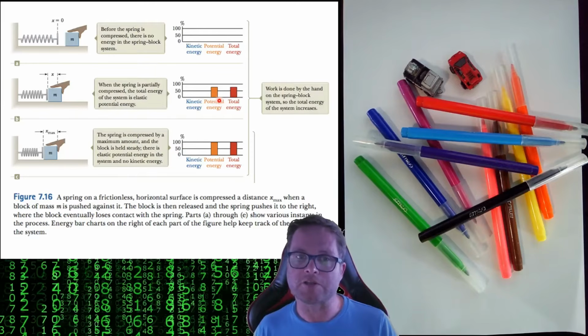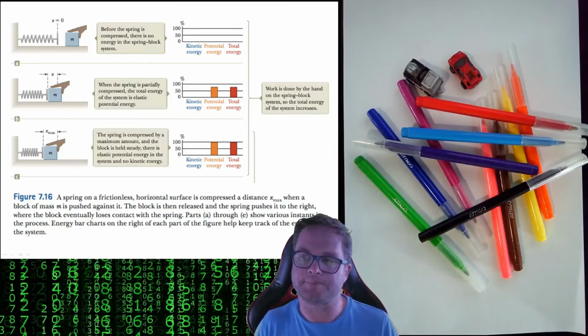And of course the total energy is just the amount of elastic potential energy in the system. As the block is pressed further against the spring, it comes to x max, the point of maximum compression of the spring, and there we've seen the potential energy of the system increase, and of course the total energy has also increased.